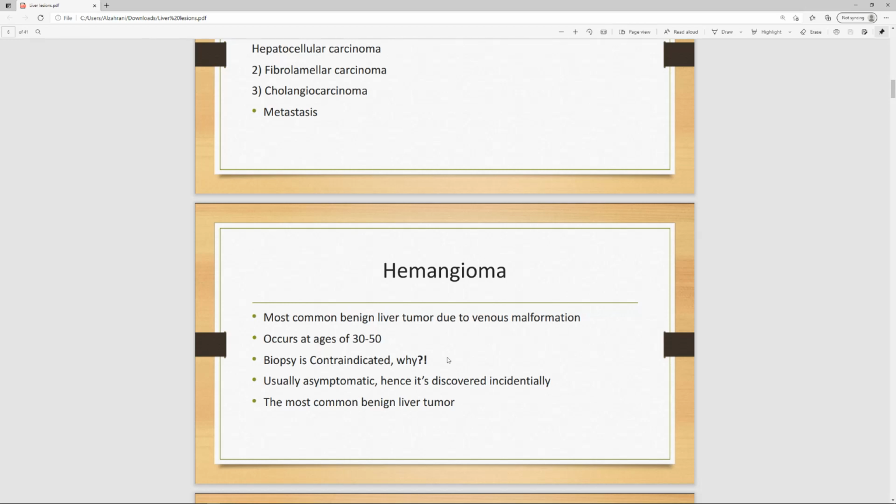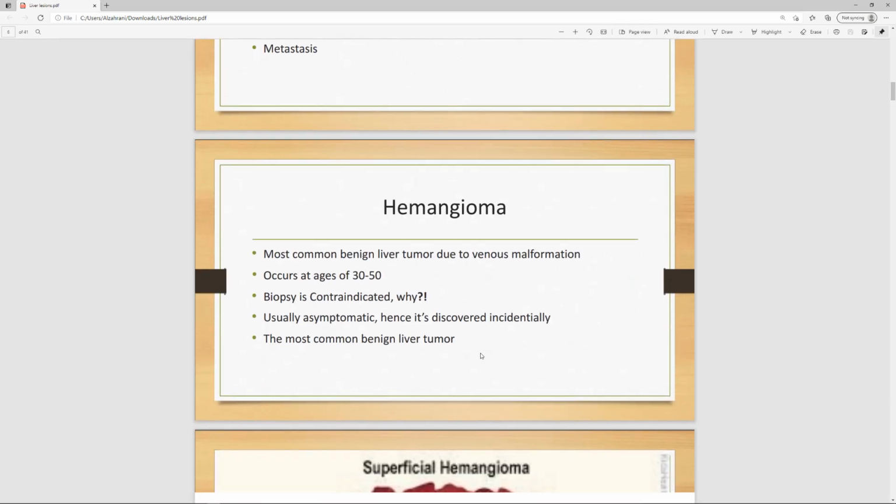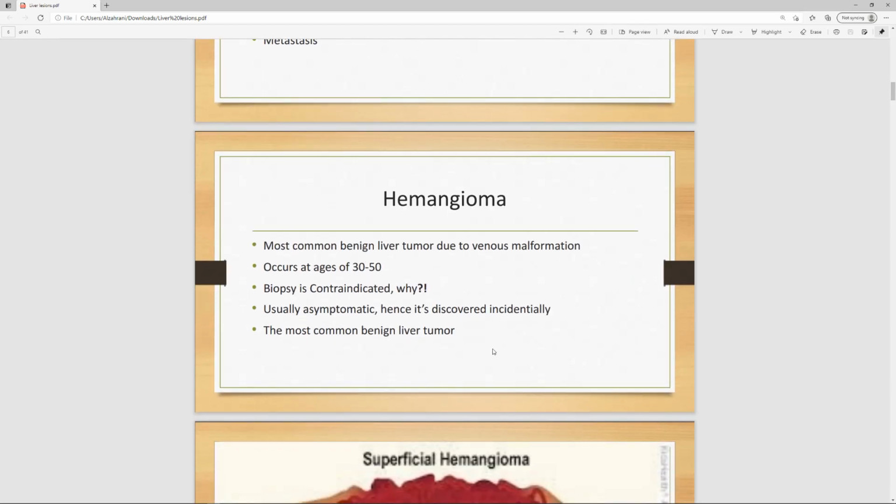So that's why biopsy is contraindicated if you suspect hemangioma. It is usually asymptomatic, meaning it is discovered incidentally. People don't complain about it most of the time. And pay attention that it is the most common benign liver tumor.